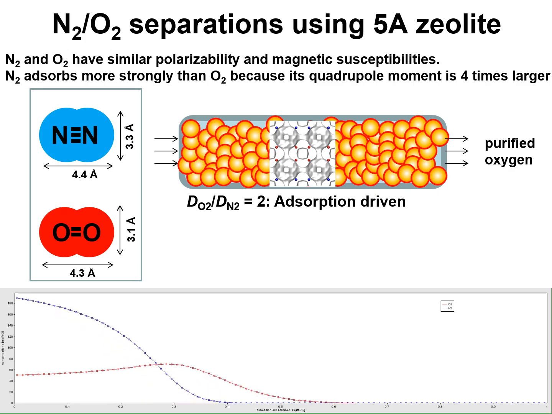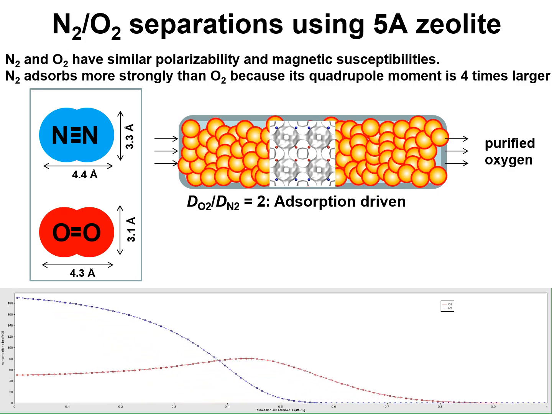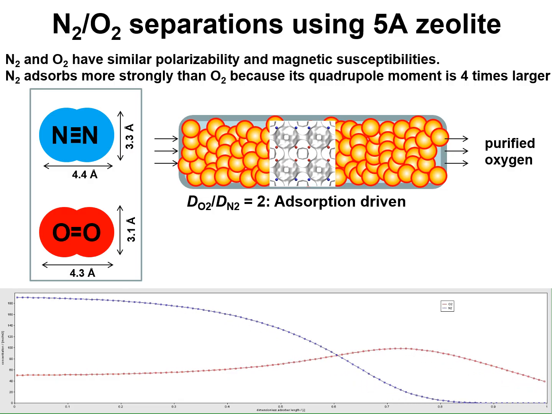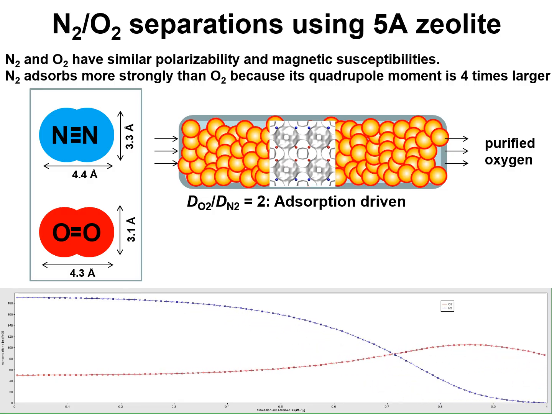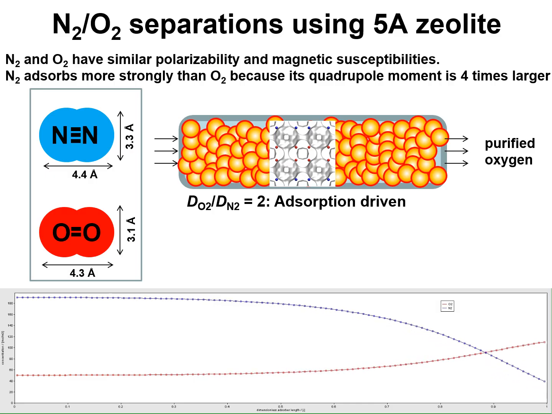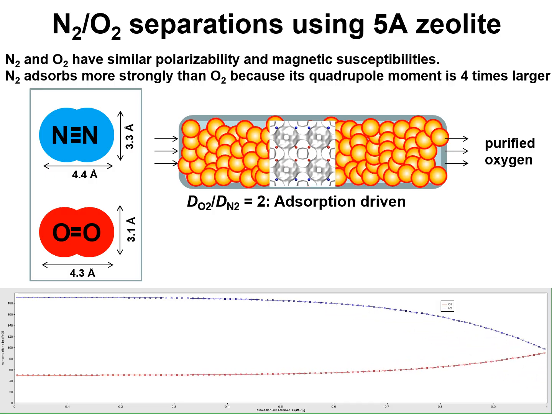The blue line shows the development of the concentration profile of nitrogen, and the red line is the concentration profile for oxygen.